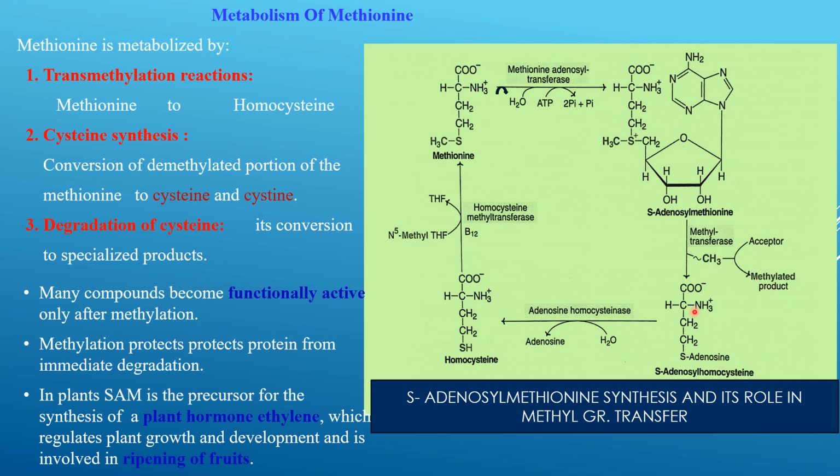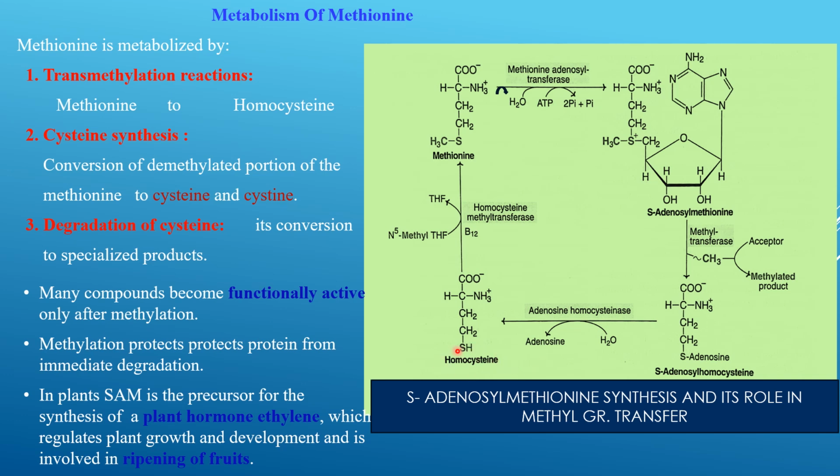Then this S-adenosyl methionine, after donating the methyl group, is converted into S-adenosyl homocysteine. Further, the enzyme adenosyl homocysteinase converts S-adenosyl homocysteine into homocysteine, and with the loss of the adenosine moiety, adenosine is released back.